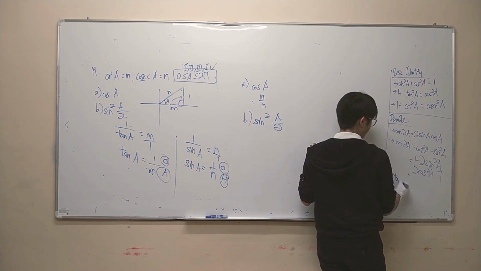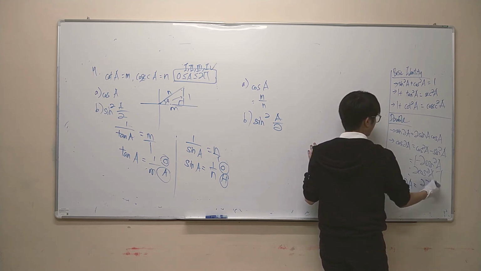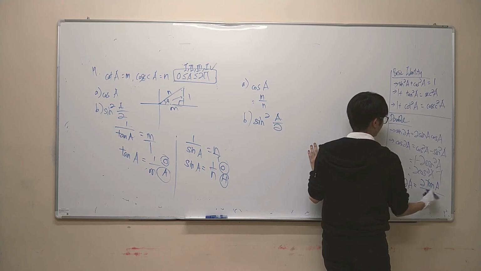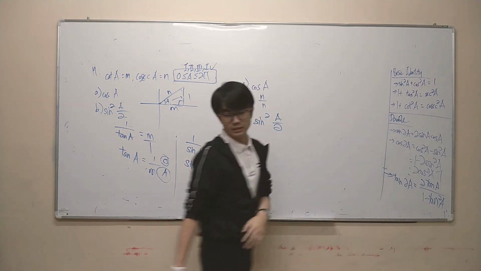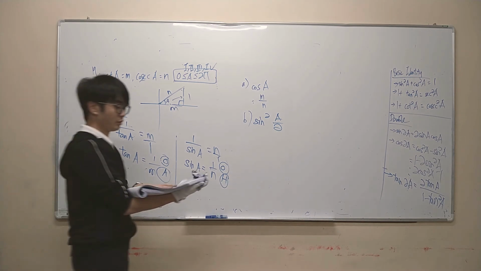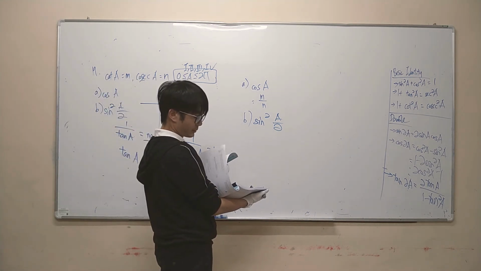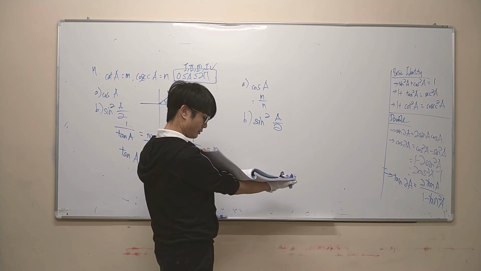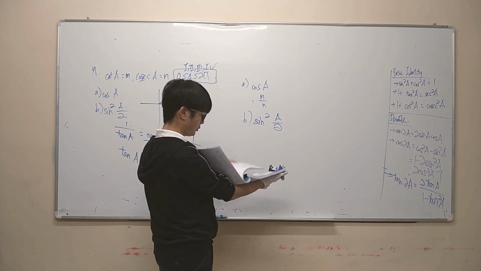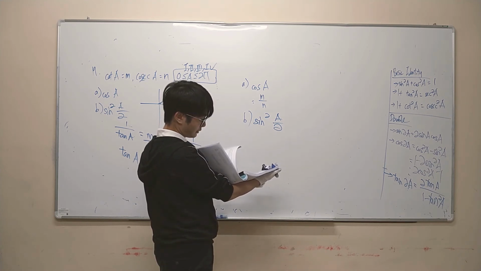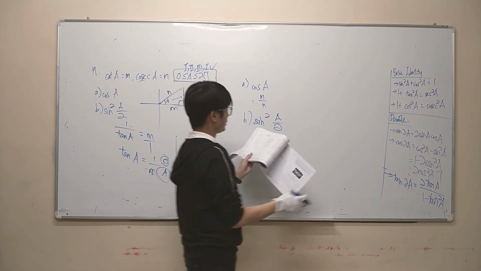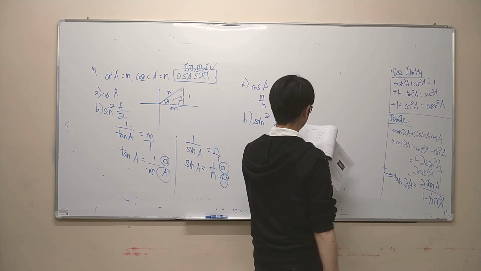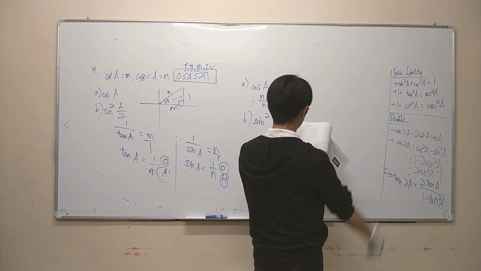Tangent 2A is 2 tangent A over 1 minus tangent square A. Okay, it's given in the formula, right? If you look at your book, it is given. Okay, where is it? Wait let me find it. Okay, here. So that's the formula, right? Did I write it correctly? Right?